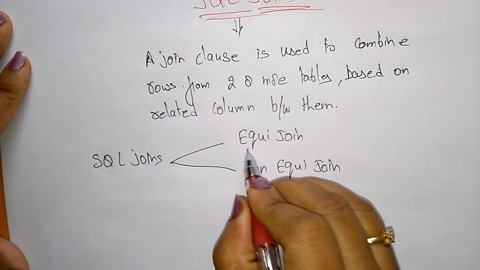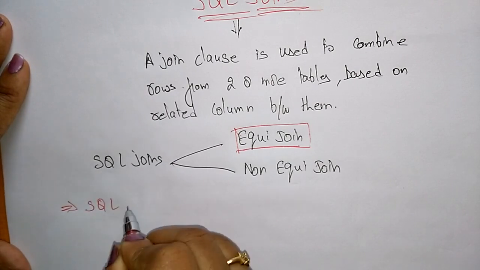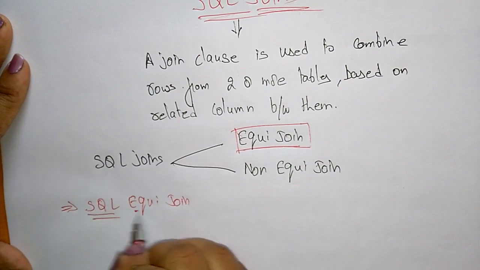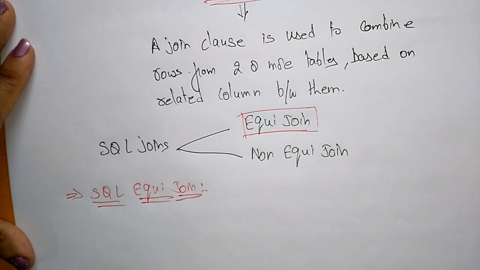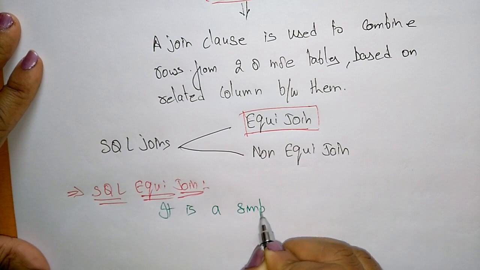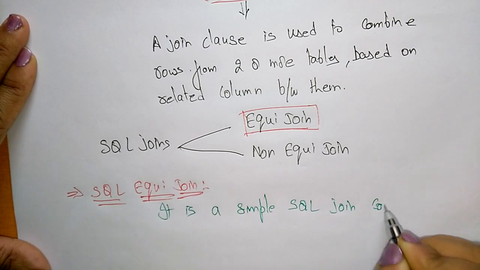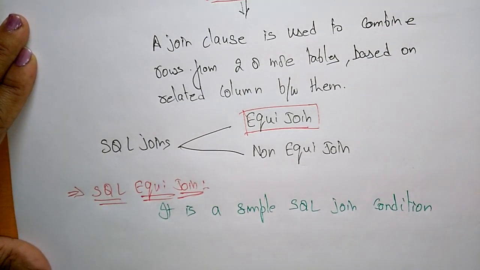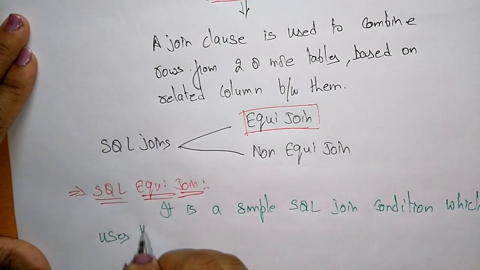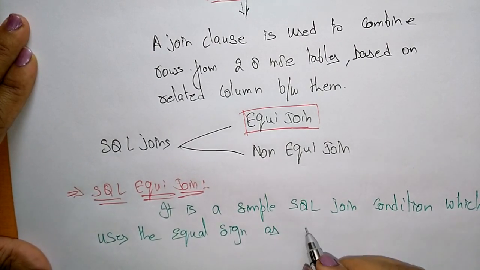So what is SQL equi-join? It is a simple SQL join condition which uses the equal sign as the comparison operator.